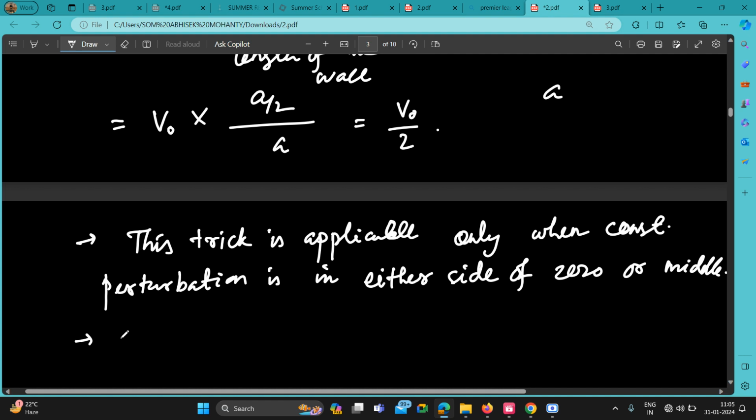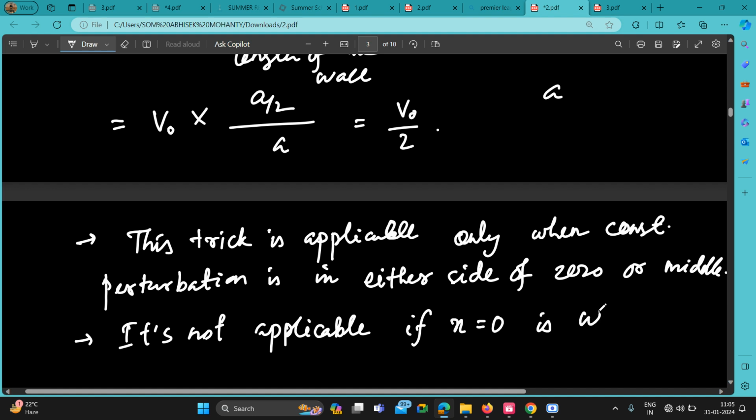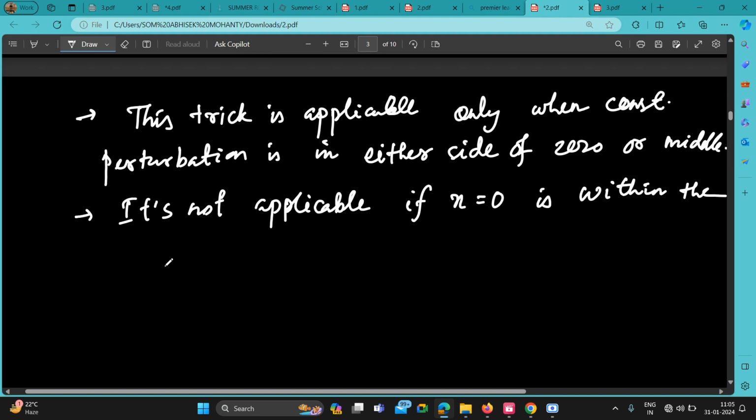Okay, but it's not applicable if x is 0 is within the perturbation. Is that alright?